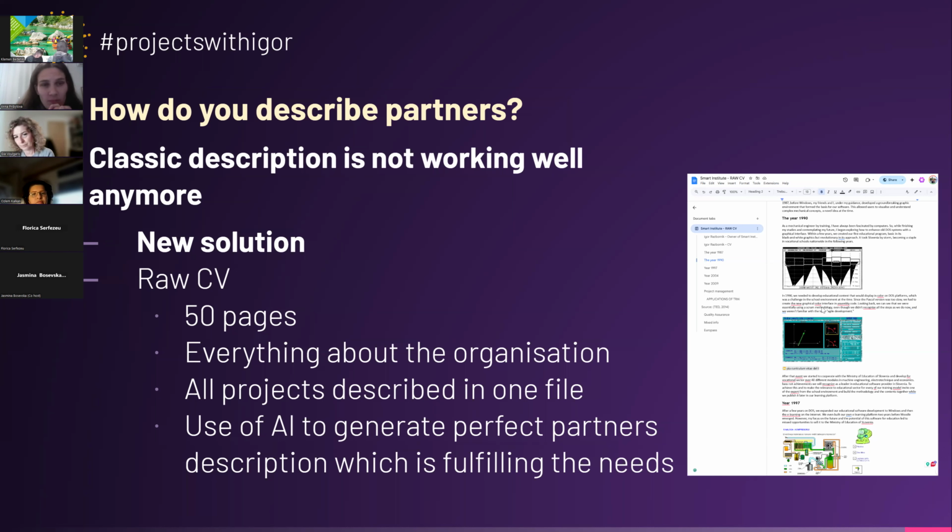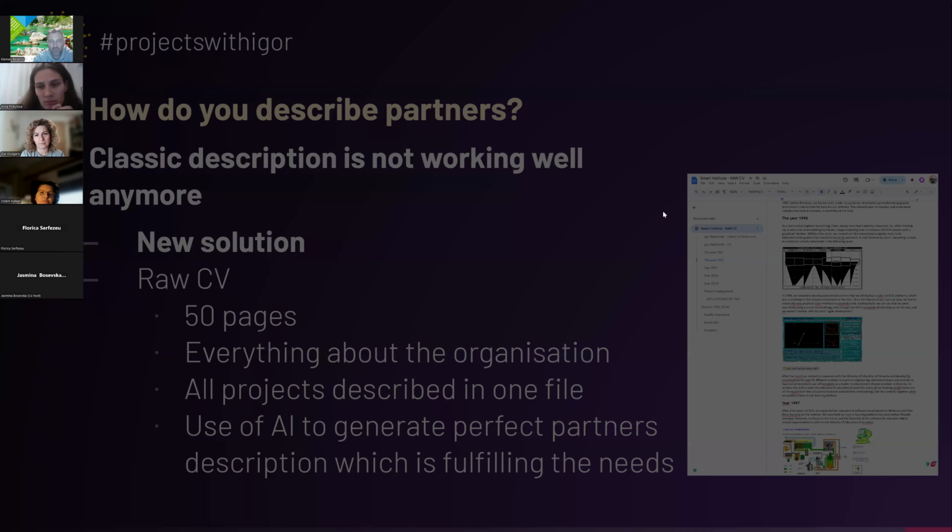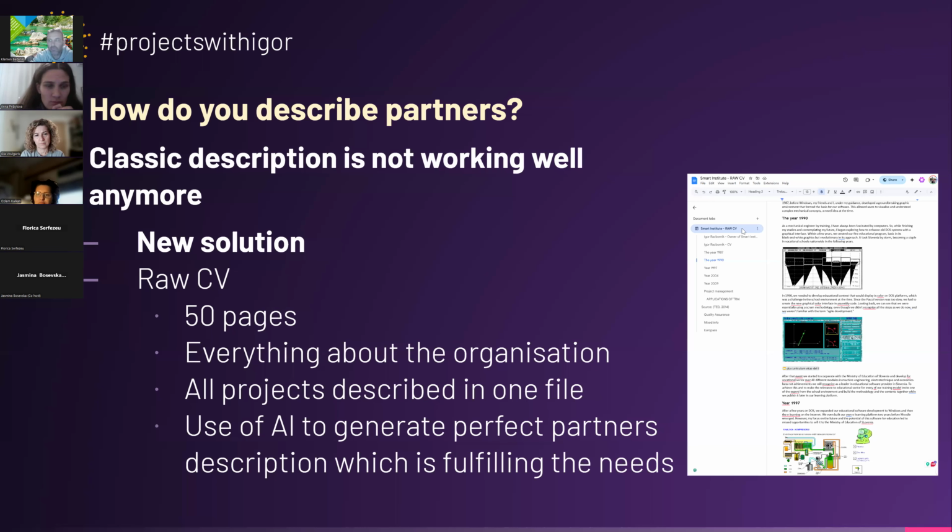You have only one file, and then I go with this file to my partner experience and align it. So I will just use artificial intelligence again and say, based on my partner experience, role, activity, and results, use my raw CV and write me a perfect partner description which is suitable for that project.